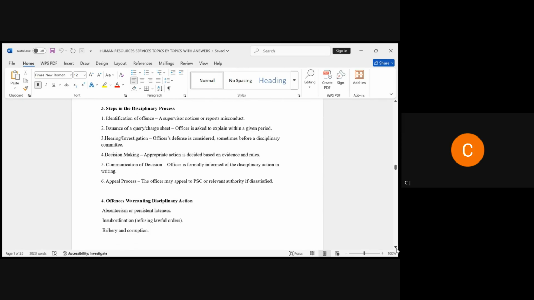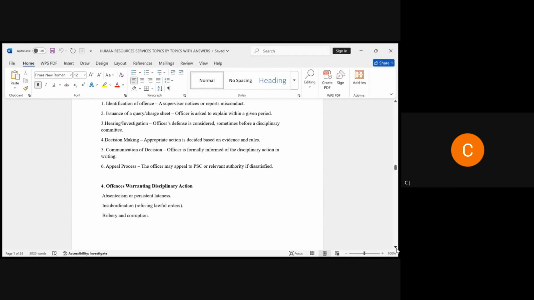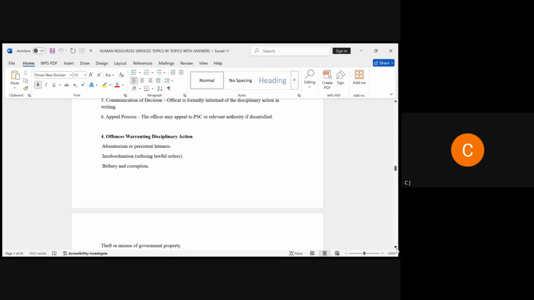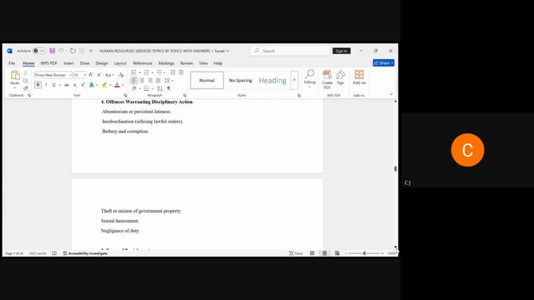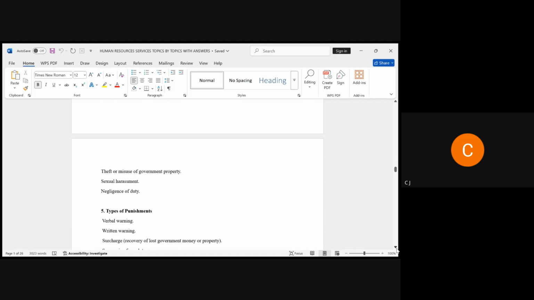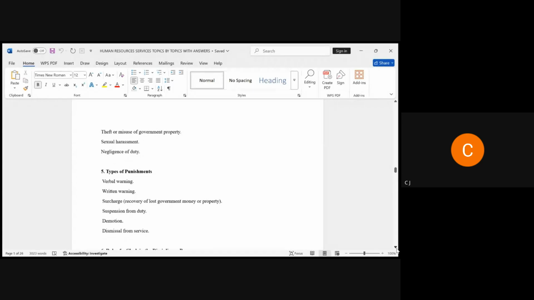Offenses warranting disciplinary action are absenteeism or persistent lateness, insubordination, refusing lawful orders, bribery and corruption. All this can warrant you to disciplinary action. Theft or misuse of government property, sexual harassment, negligence of duty. Then we have types of punishment. There are so many.